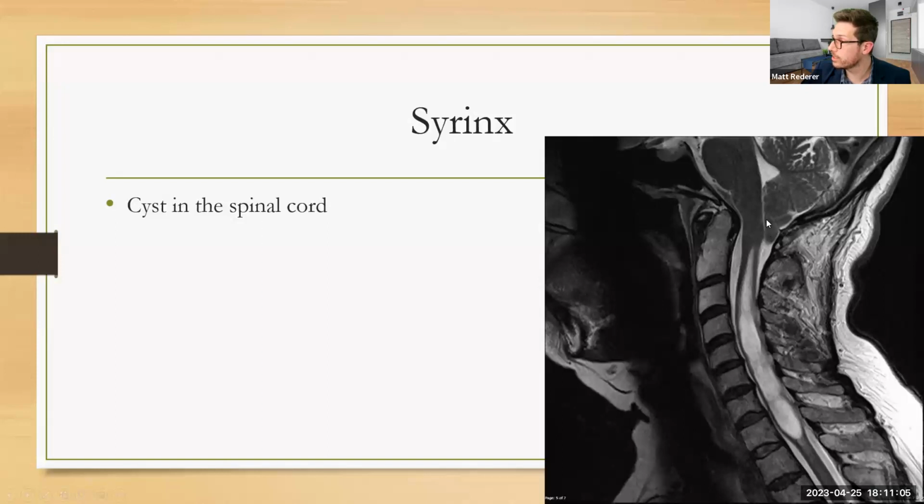You can see the herniated disc, or I'm sorry, herniated cerebellar tonsil. And we see this backup of fluid in the spinal cord itself. All right, so this is a syrinx. It's essentially this big cyst-like structure inside the spinal cord, and this is extreme. Right, so that's a syrinx.